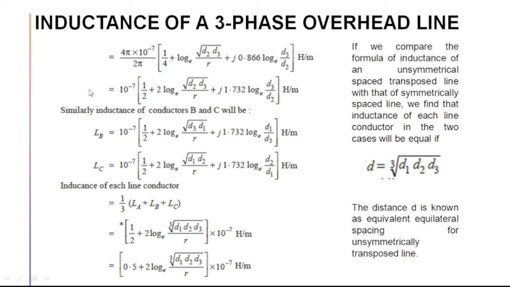This is for the inductance of the La, and similarly for the B and the C, the B term, see here the same one we are getting, but the difference in the length value will be altered.